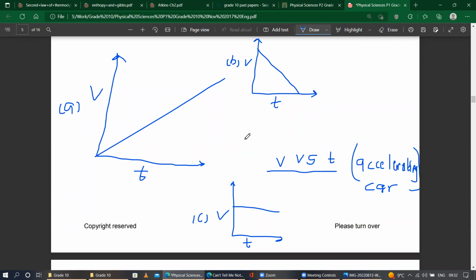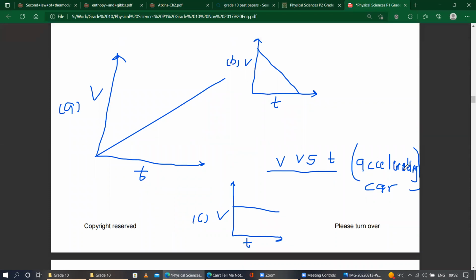Nice. Because the car is accelerating, right? So the correct one is A. B is for a decelerating car, when the car is slowing down.